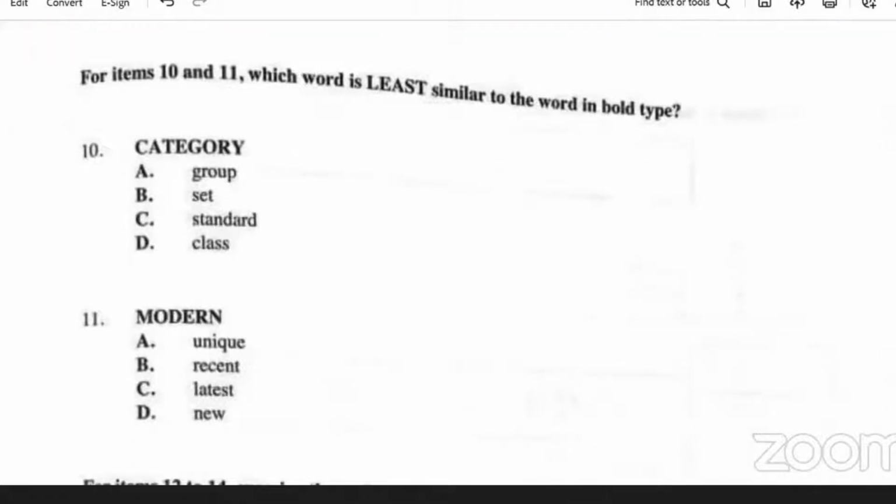So which one is least similar? We have the word in bold being category. Which of these words was the least similar? Is it group, set, standard, or class? The answer for 10 would be standard. The others are more similar to the word category.